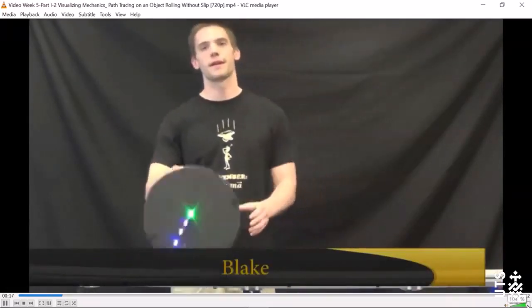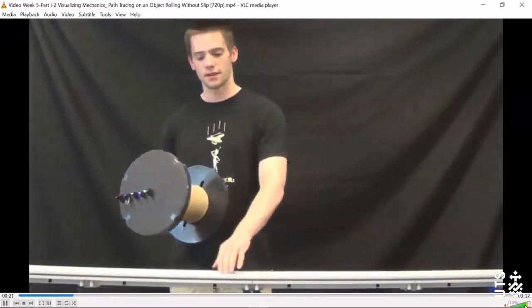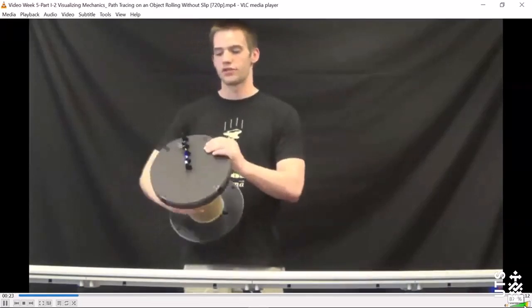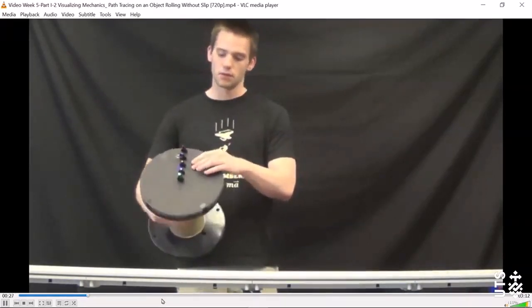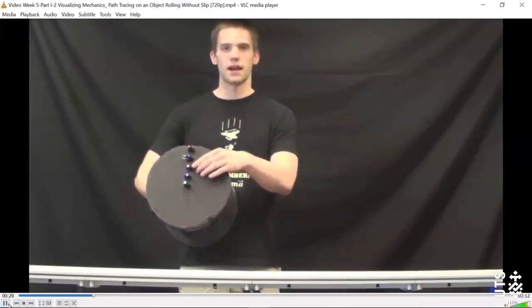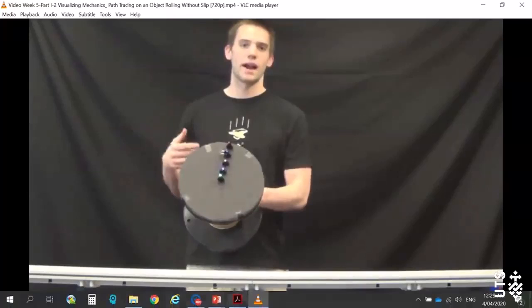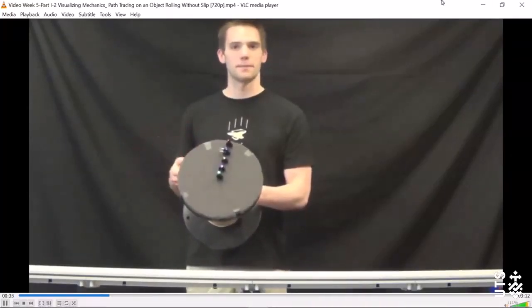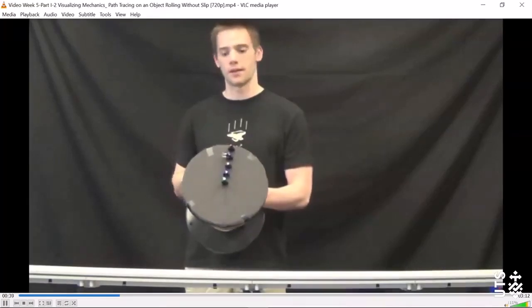Today we're going to explore that and a little more. We have a spool that will roll without slip on its inner radius on this track here. To track points on it, we have LEDs. So, the yellow is exactly on the inner radius of the spool, and anything inside of that will act exactly like a wheel rolling without slip. The outer points will have more interesting paths that we will also track.